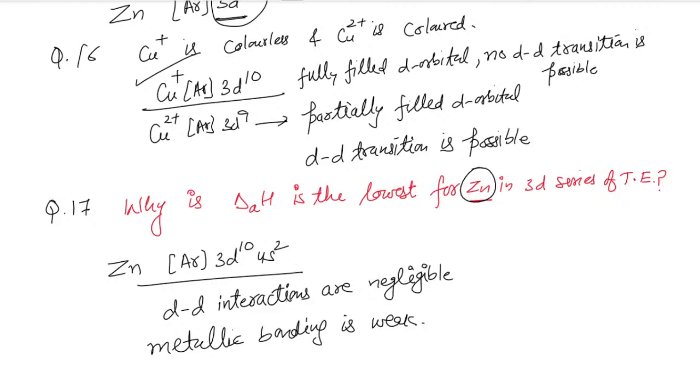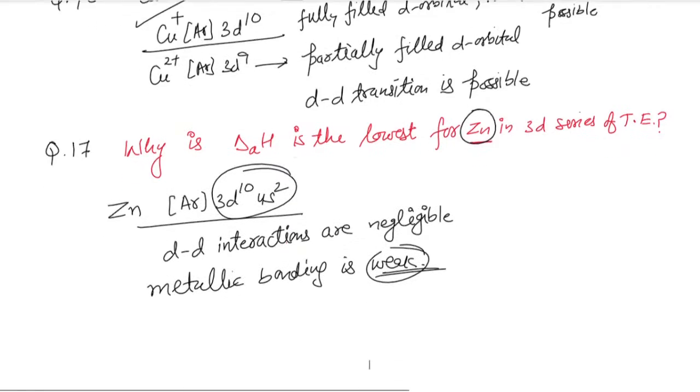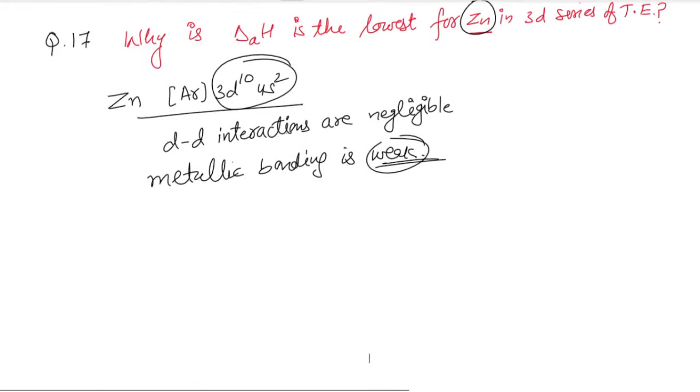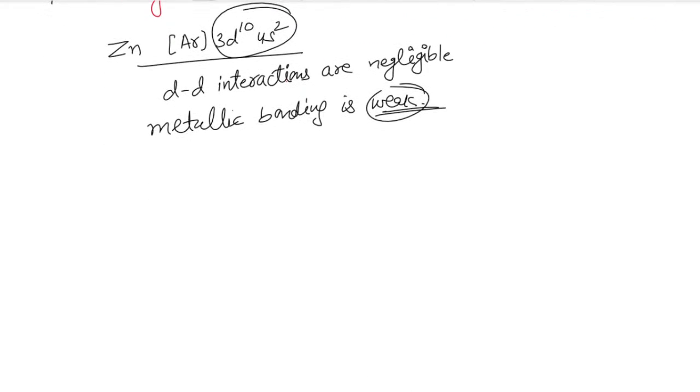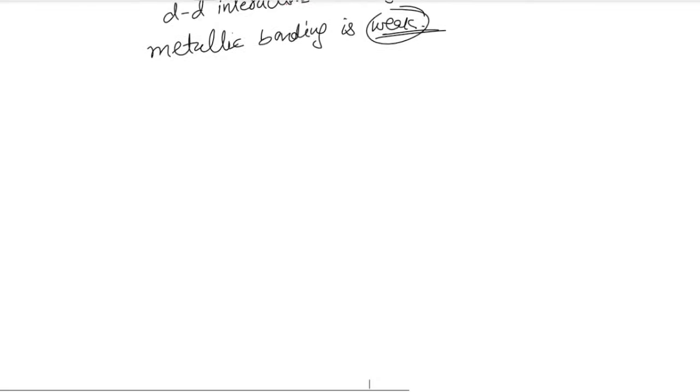For zinc, there is no unpaired electron, that is why metallic bonding is weak and therefore enthalpy of atomization is low, because of fully filled, symmetrical electronic configuration. Okay.